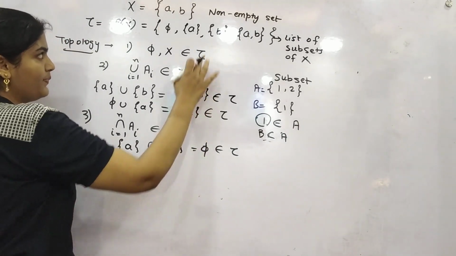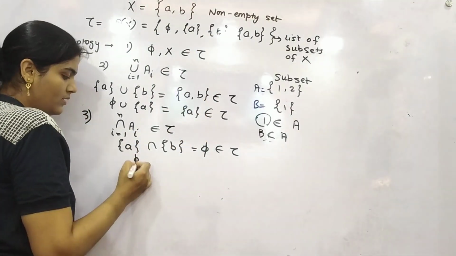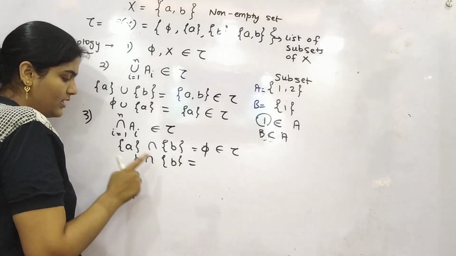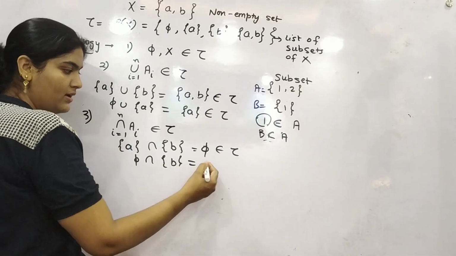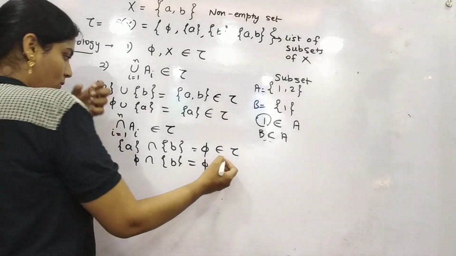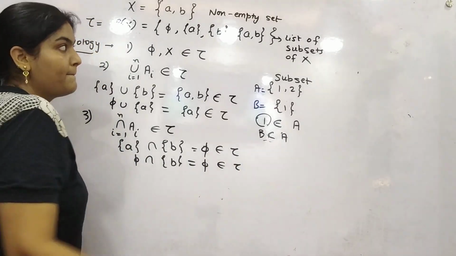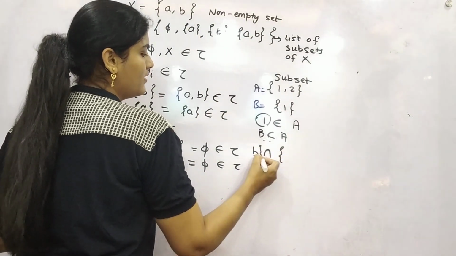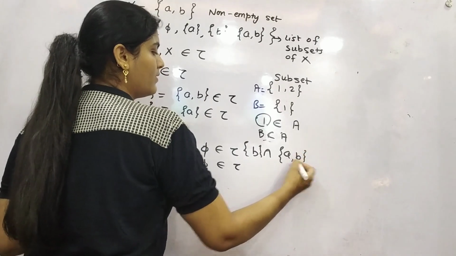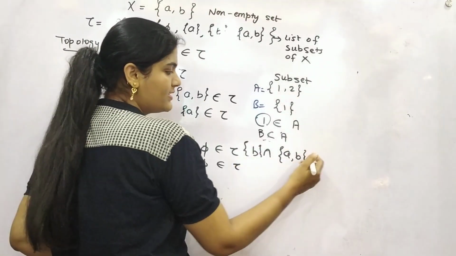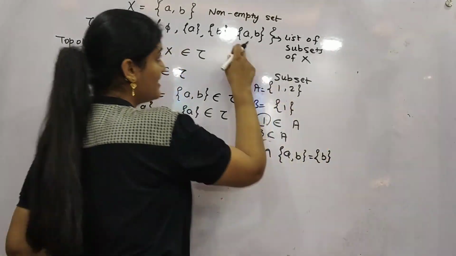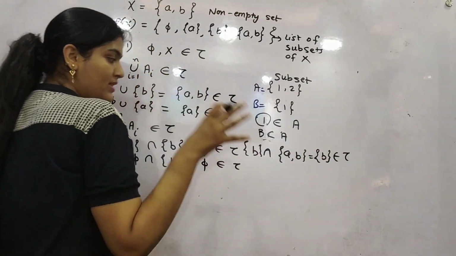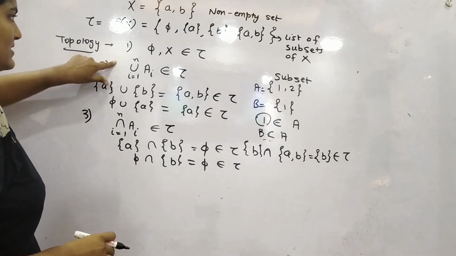Let's take another example, phi and B. What is the common thing between phi and B? Nothing, phi, right? So that is also satisfied. Again, take the intersection of B and AB. What's common between these two? B, which is also in tau. That means it is holding all these three properties.